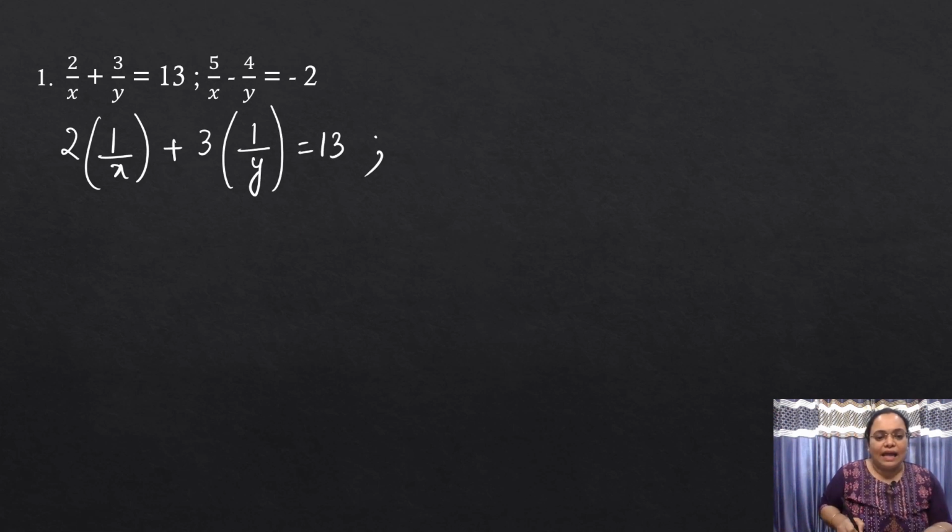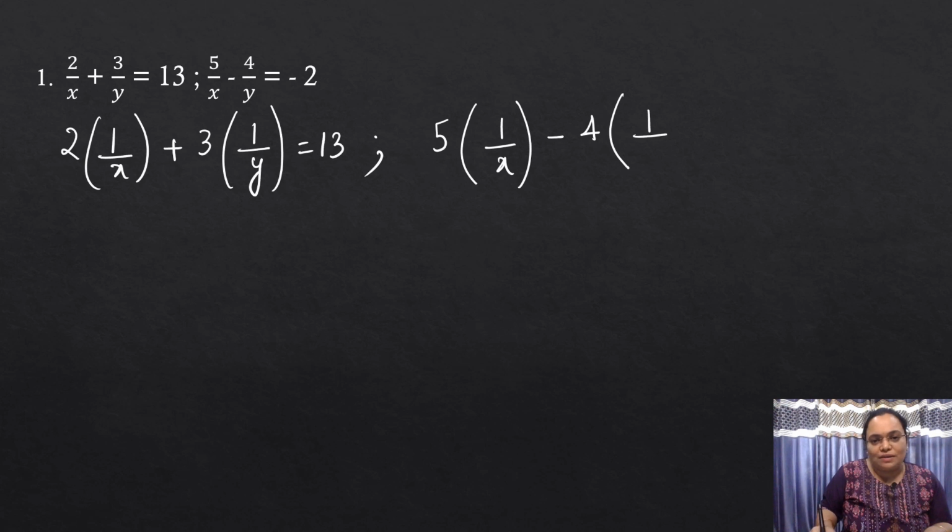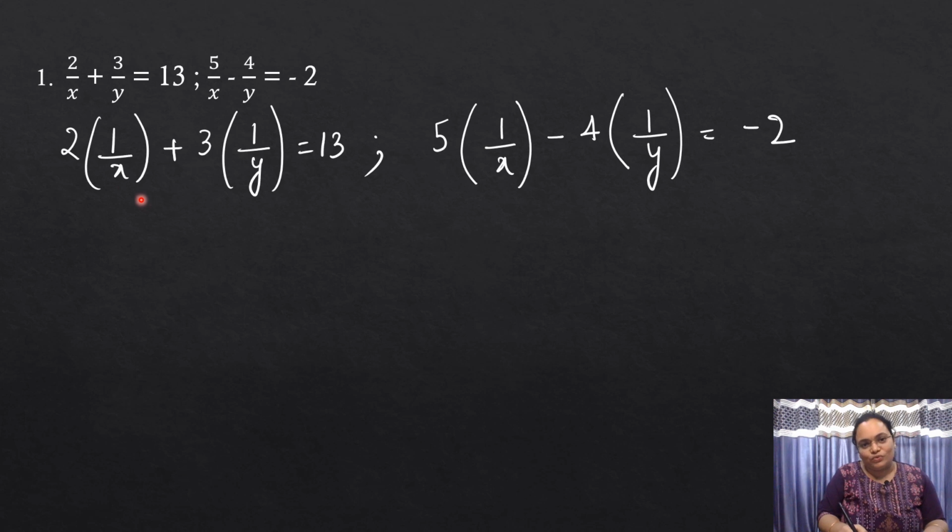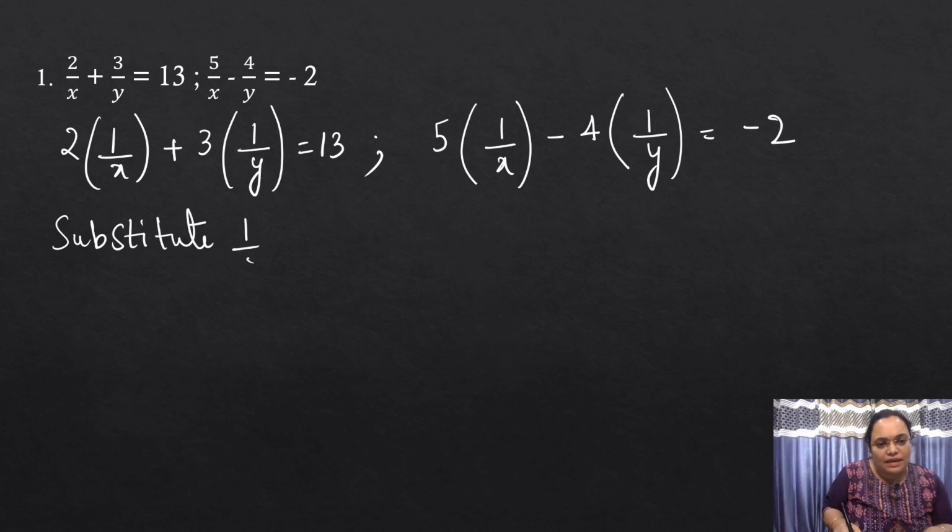And this equation can be written as 5 of 1 by x minus 4 of 1 by y is equals to minus 2. Now, let us substitute 1 by x is equals to a and 1 by y is equals to b.